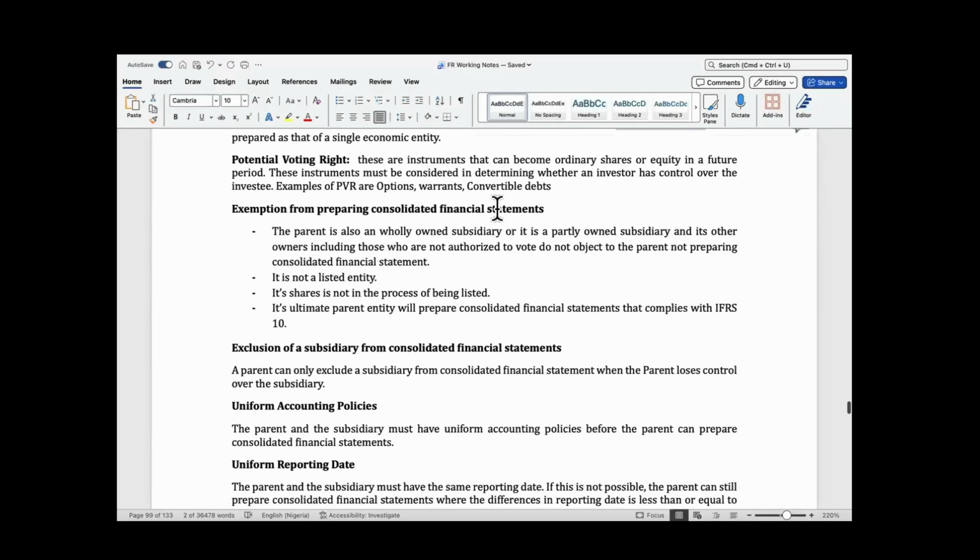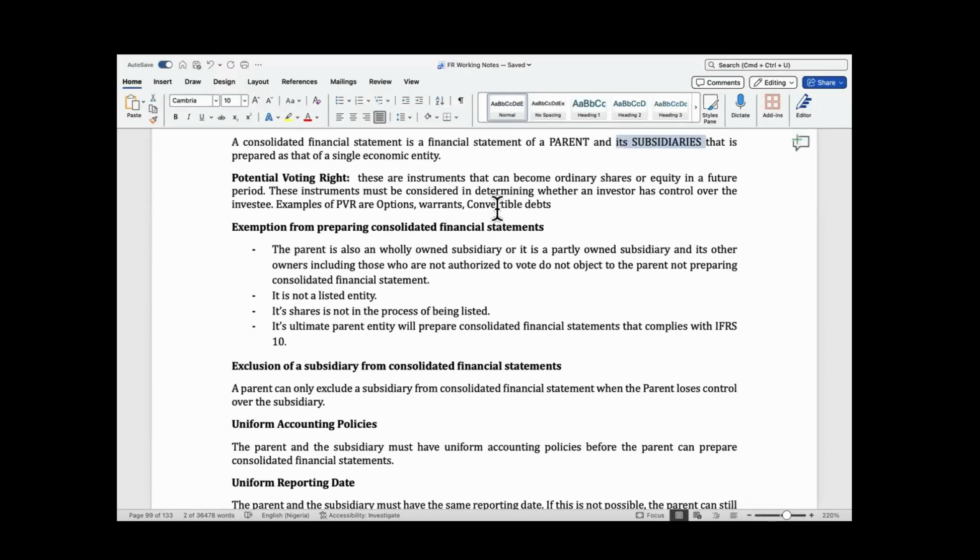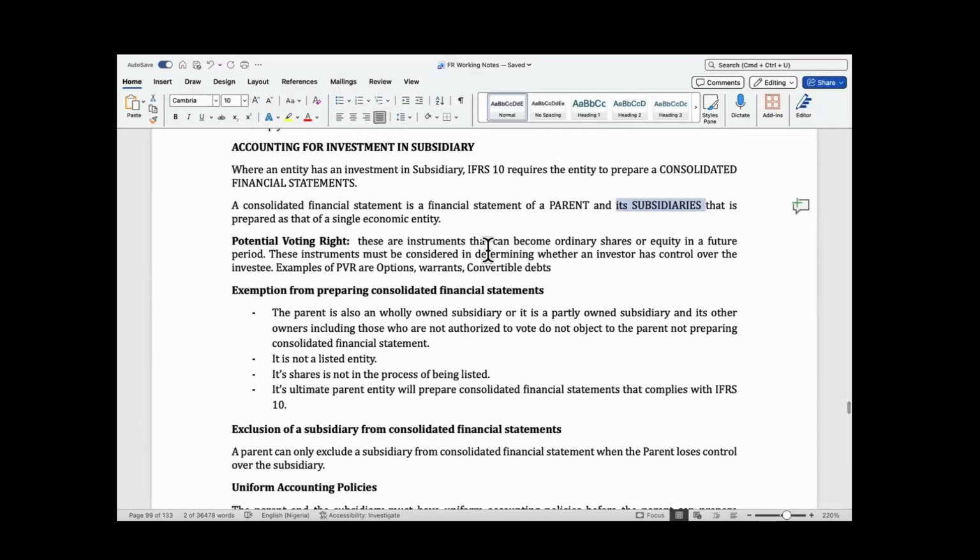Before then, there are some things we need to consider before you go ahead and prepare consolidated financial statements. Number one is what we call potential voting rights. These are majorly instruments that can become ordinary shares or equity in the future, like options, warrants, convertible debts. These are instruments that can convert to shares. You need to consider them to know whether you have control.